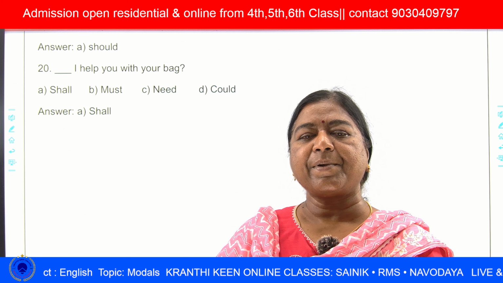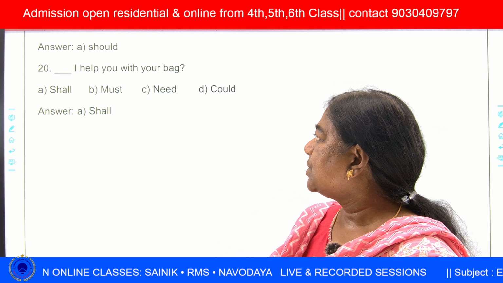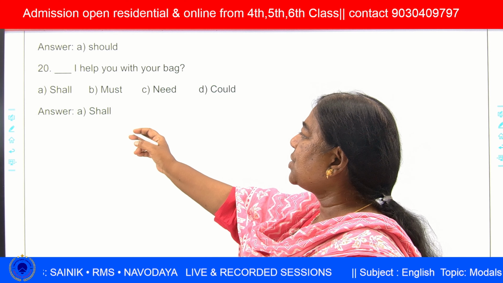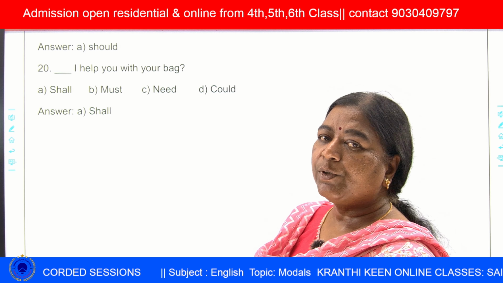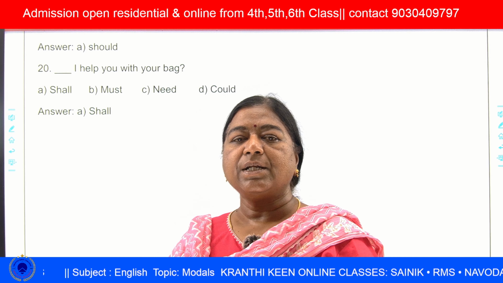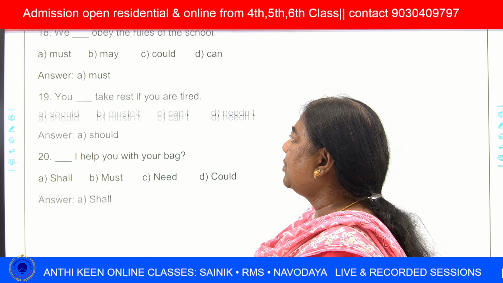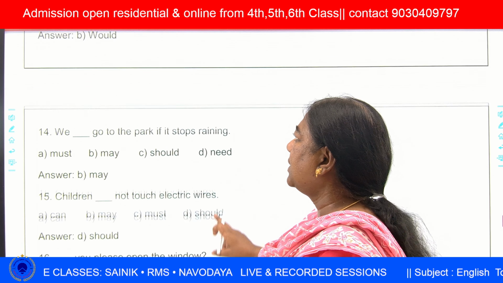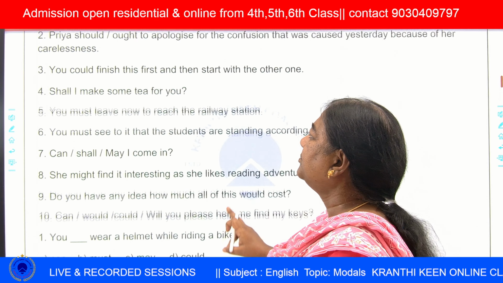That is grammatically correct. But when it comes to a formal situation, we have to use shall. Shall I help you with your bag? It means, shall I help you in packing your bag or in carrying your bag? So once again, we would like to revise this so that it gets registered in the mind.